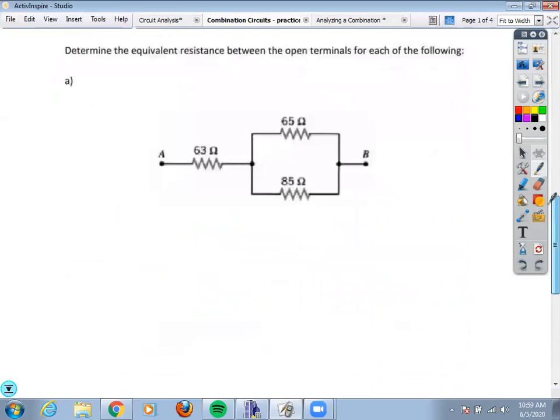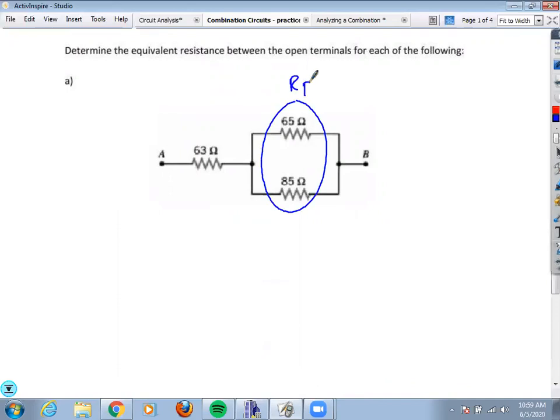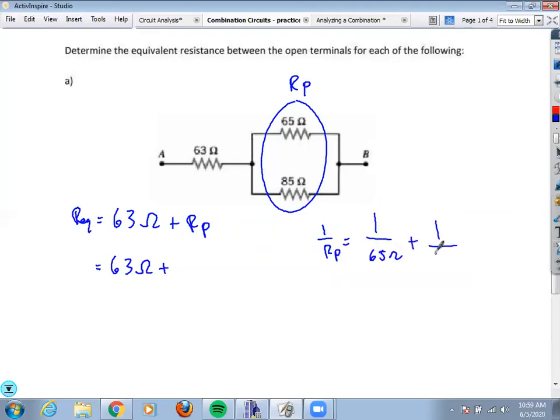And we are asked to find equivalent resistance here for a few examples. So here we have a parallel in series. So the REQ would equal 63 ohms plus our parallel. We can find our parallel very simply. 1 over R parallel equals 1 over 65 ohms plus 1 over 85 ohms.